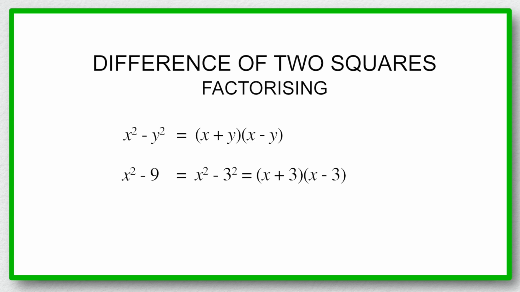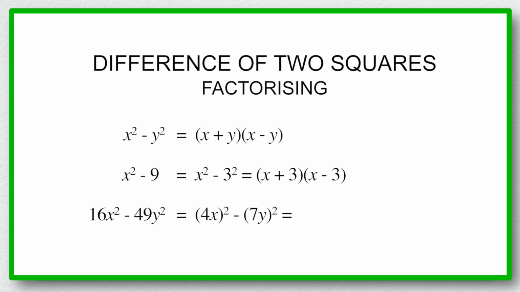And let's look at one more example before we go back to the question. Here's 16x squared subtract 49y squared. Both 16 and 49 are square numbers. So we can rewrite this expression as 4x all squared subtract 7y all squared.